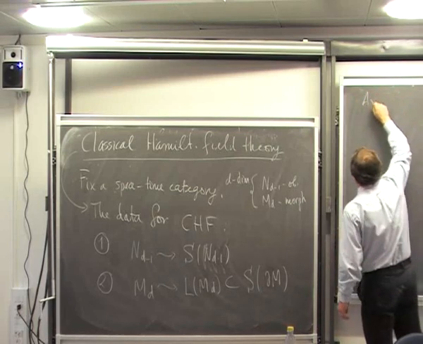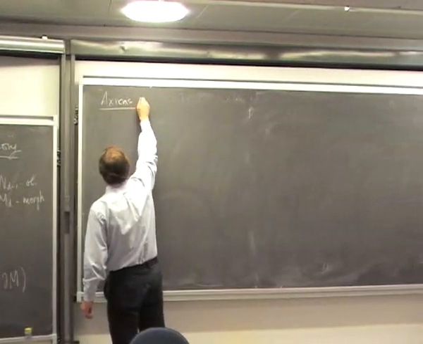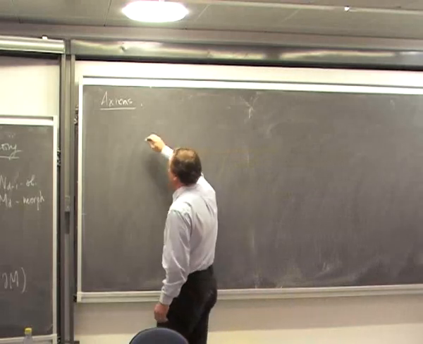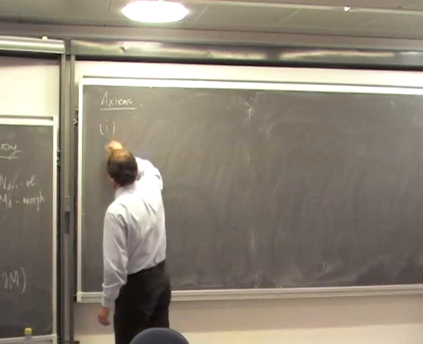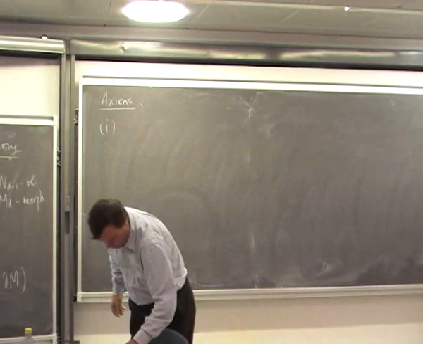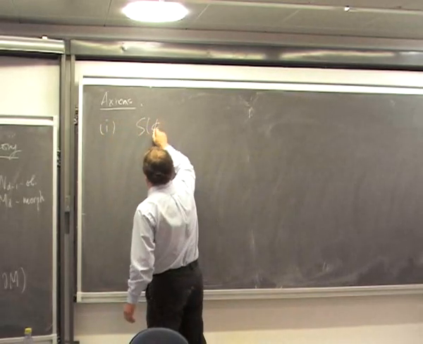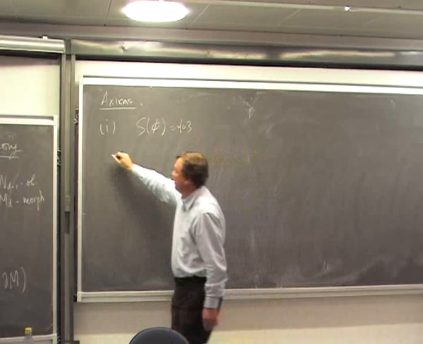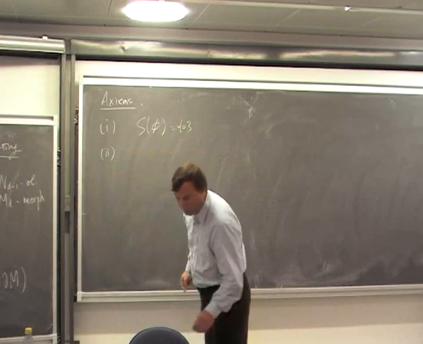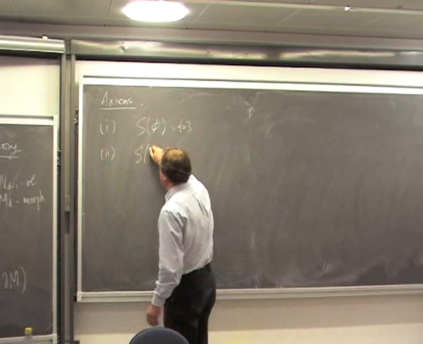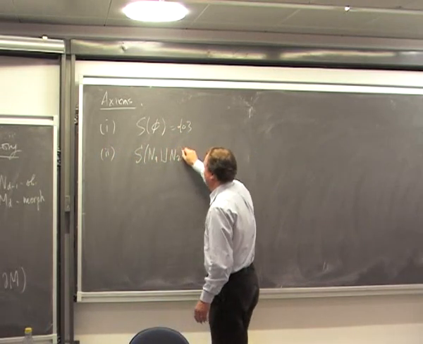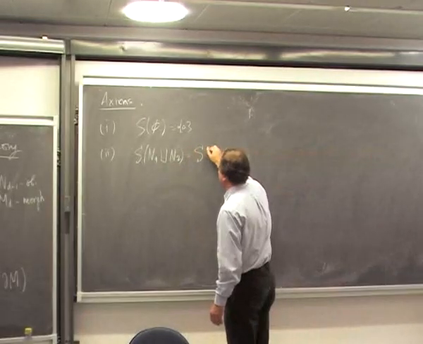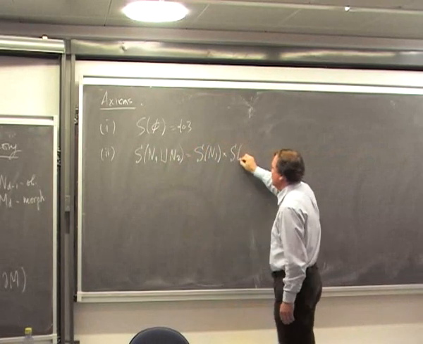But then this data should satisfy certain axioms, and the axioms are the following. If it's an empty space, the symplectic manifold is just 0. Then if we have a disjoint union of two d-dimensional manifolds, the corresponding symplectic space is the Cartesian product.